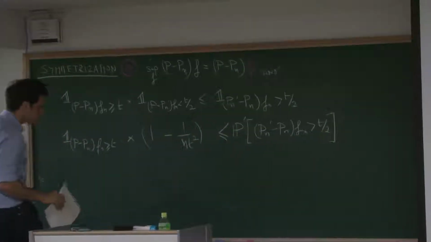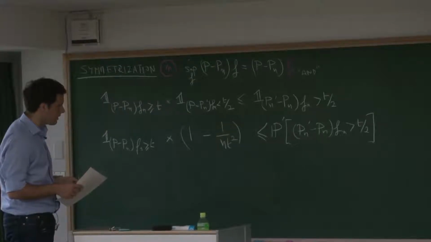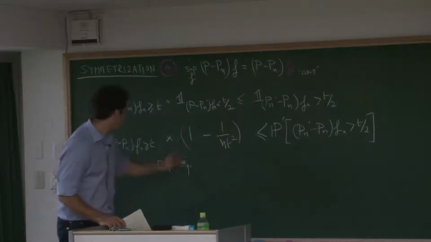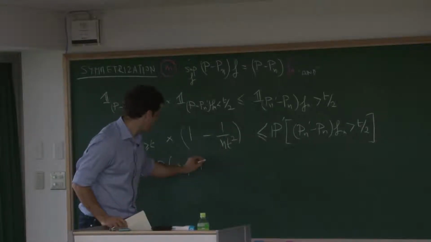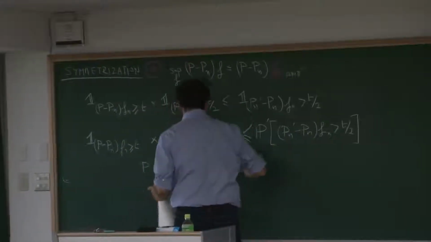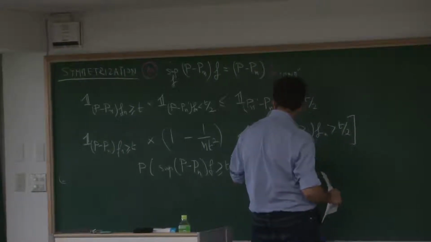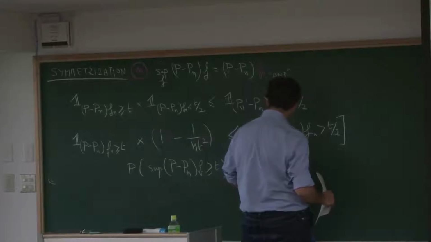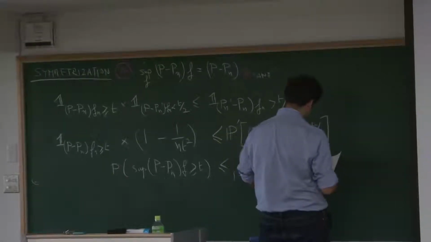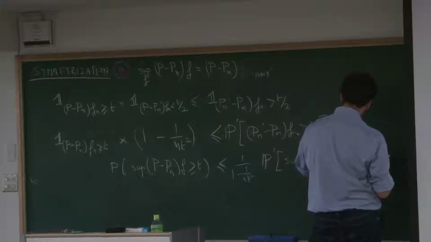And now if you simply take the probabilities with respect to the first sample, then you will get that the probability that the sup, remember that Fn was the sup, so we can replace it, P minus Pn of F is bigger than T, is going to be smaller than 1 divided by 1 minus 1 divided by nt squared times the probability here of the sup of Pn prime minus Pn of F bigger than T divided by 2.